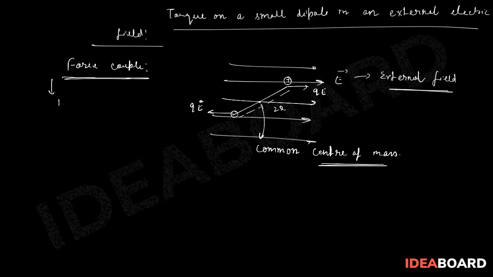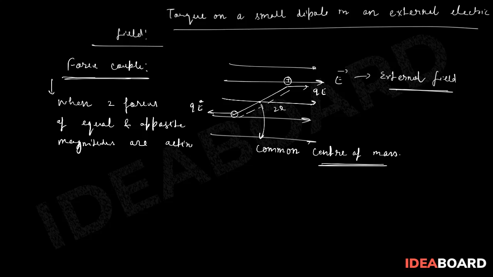A force couple means that when two forces of equal and opposite magnitude are acting, then F net will be 0, because clearly you can see QE in the positive direction and minus QE in the opposite direction, but there will be a certain phenomenon of torque. So we want to achieve that torque.